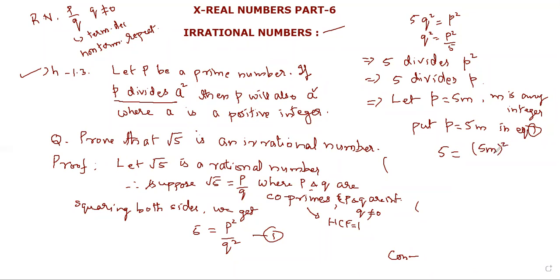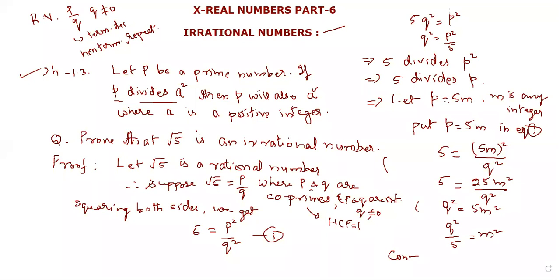Solving this, we get 5 is equal to 25m square upon q square, and this 25 will come here, and dividing by 5, this becomes 5m square. So q square will be equal to 5m square, or you can say q square upon 5 is equal to m square. Okay.